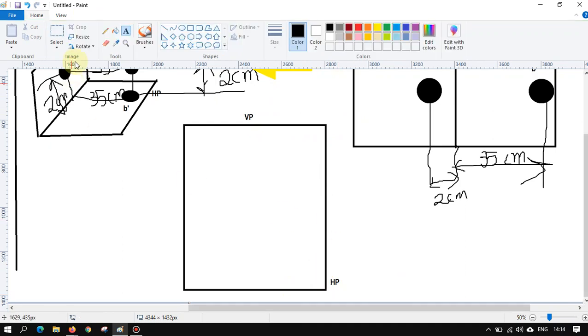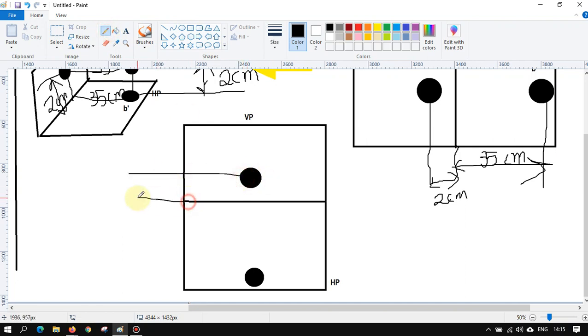And let us draw a center line which divides them both. So what will happen? There will be a point.